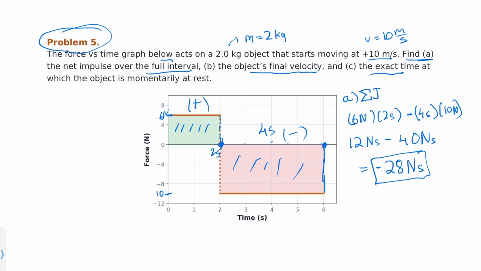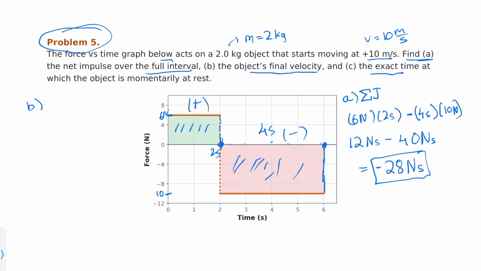So that means it gained a bit over here, but then it also lost a bit. Actually a lot, not just a bit. Okay. So now let's look at the object's final velocity. At the end of this change in motion, what's the object's final velocity? Well, how do you find that? First, you have to look at the change in momentum.